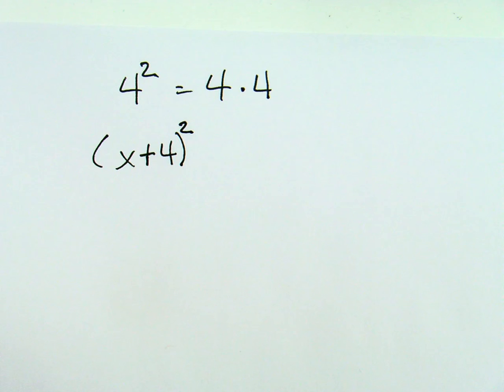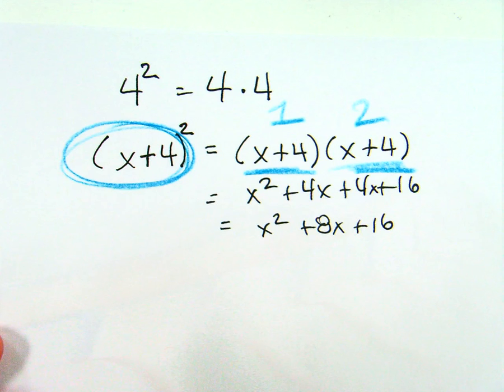Okay, that's what I'm supposed to do. I'm supposed to take the whole base and write it 1 time, 2 times, and multiply. Everything in one group times everything in the other group. Okay, here is what I am not supposed to do. X plus 4 quantity squared equals x squared plus 4 squared.